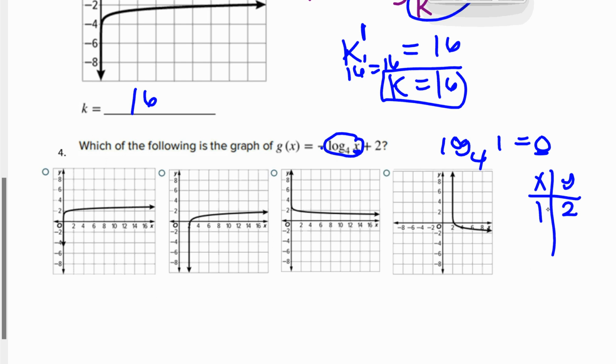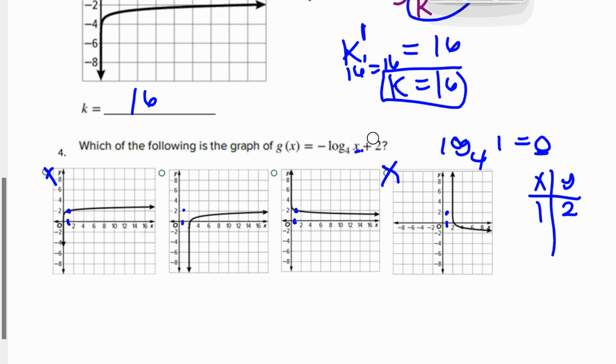So I should have a point 1, 2. So I look at a point 1, 2. 1, 2, maybe right there. 1, 2, nope. 1, 2, okay, right there. And 1, 2, nope. So I know it's not those two based on that.